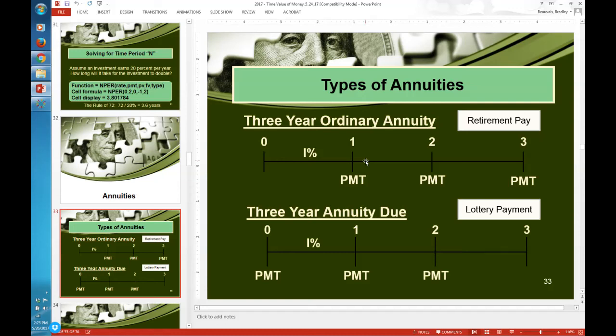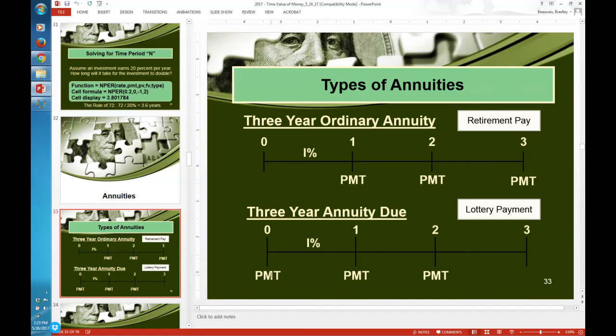And you see that often in structured settlements. You see that with various different payment structures in normal investment annuities and so on and so forth. Okay, now a classic example of an annuity due is when I don't have to wait for that first payment. Okay, so a classic example is the lottery payment.